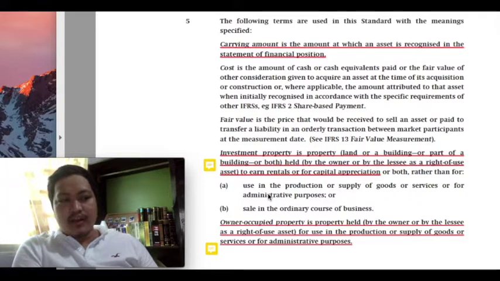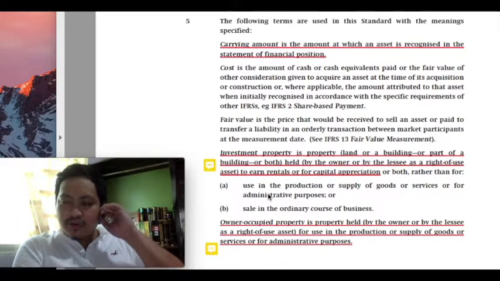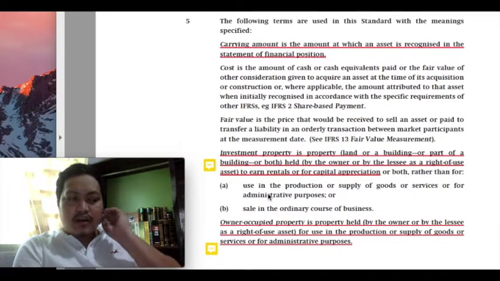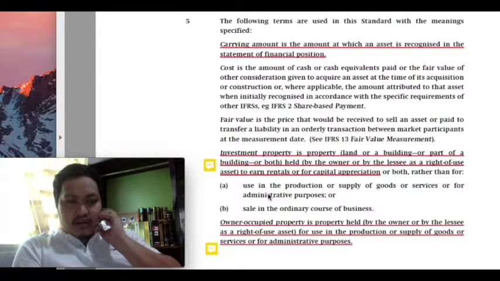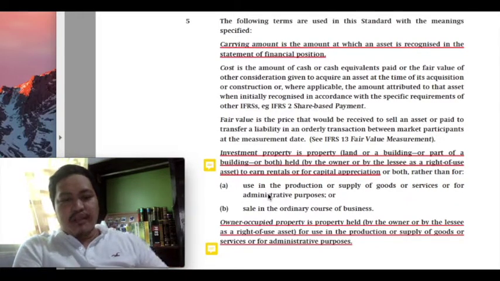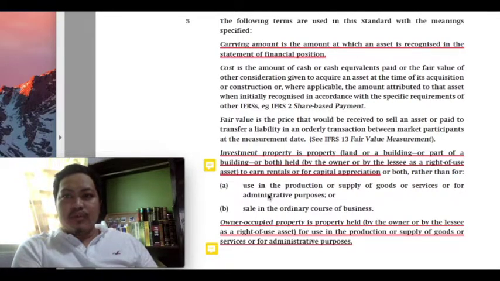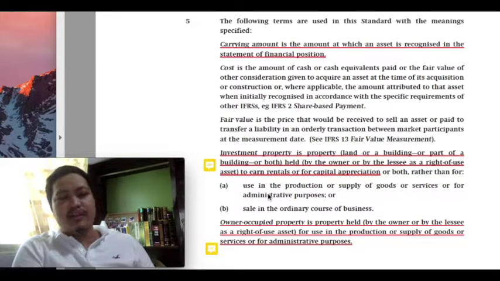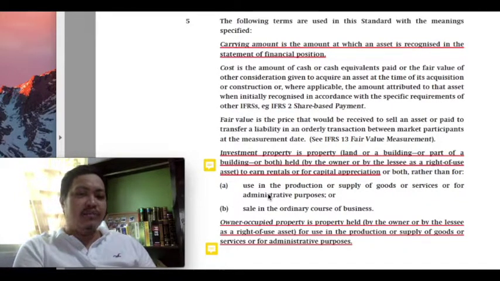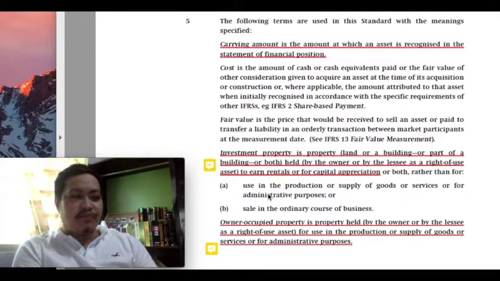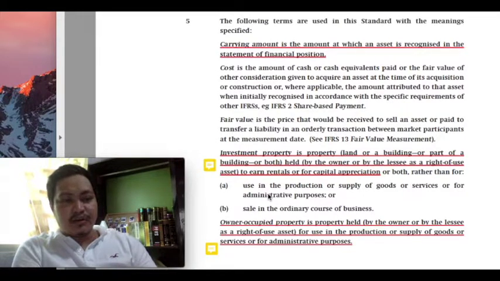Okay, and based on the interpretations committee, class, since those kinds of structures do not have the same features that are commonly attributable to a building, class, they do not have walls, they do not have doors, then they will not be considered as an investment property. They are treated as part of your PPE.